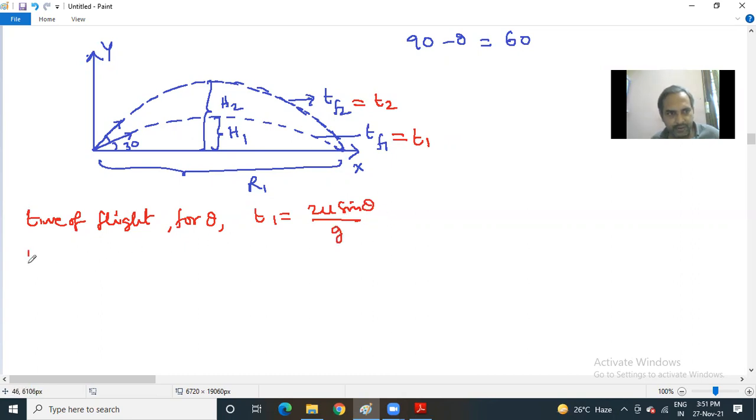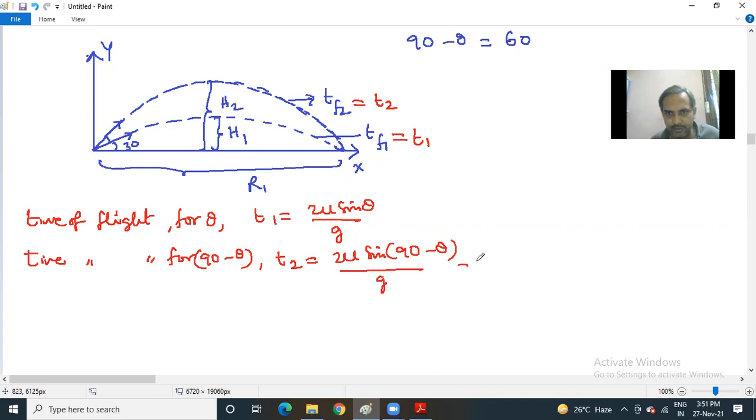Then time of flight for 90 minus theta: T2 is equal to 2u sin 90 minus theta divided by g. So it will be 2u cos theta by g.